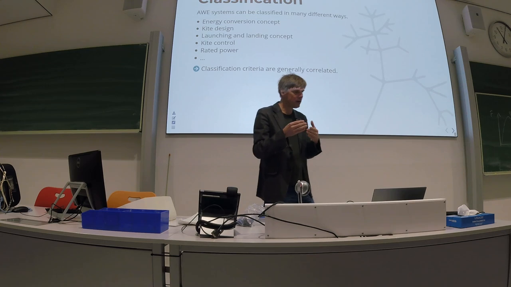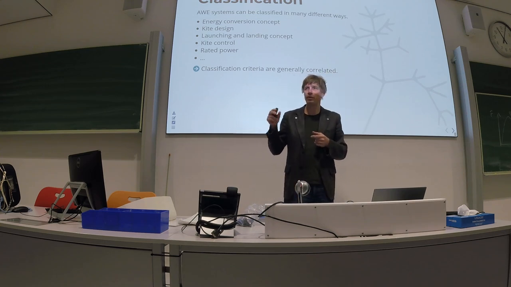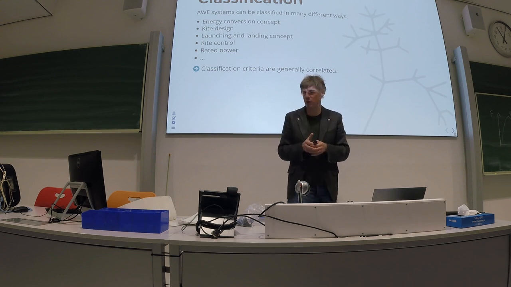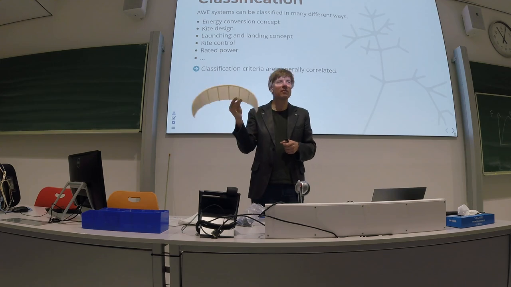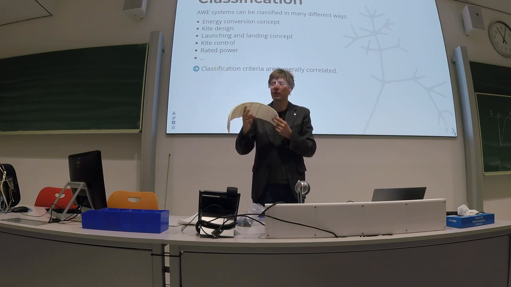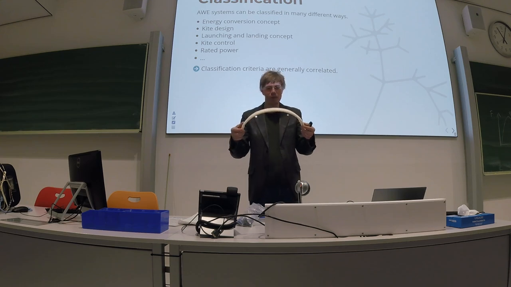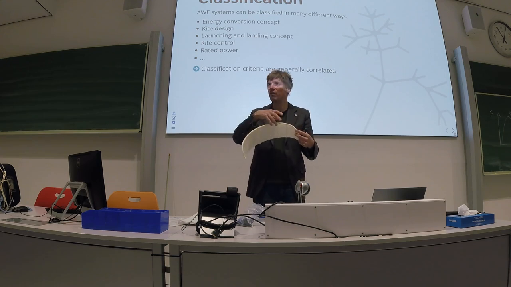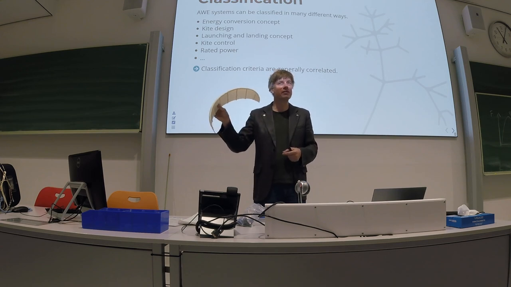Let me give you an example. If you want to have onboard generation with small wind turbines on board of the kite, it doesn't really make sense to use a soft wing, obviously, because where do you attach these turbines? The soft wing is a tensile membrane structure which doesn't have hard parts. So it's difficult to attach wind turbines here.